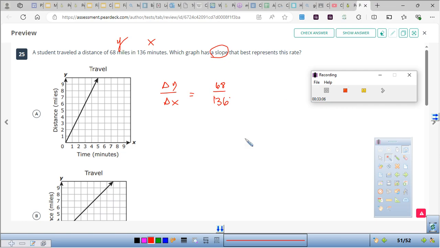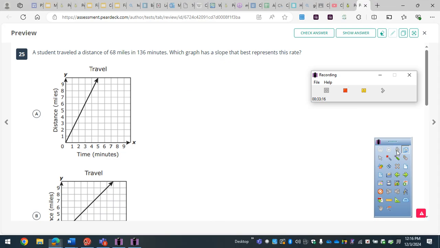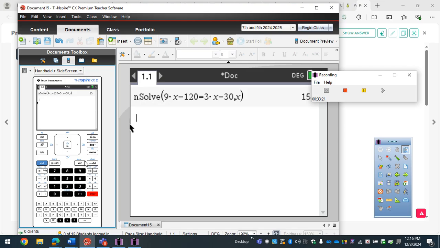I'm going to go to the calculator and type in 68 over 136, and there it is, 1/2. So it's going to be a change in y of 1, a run of 2.